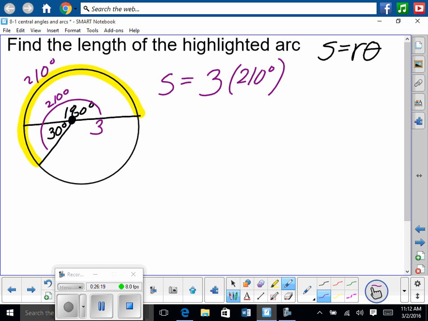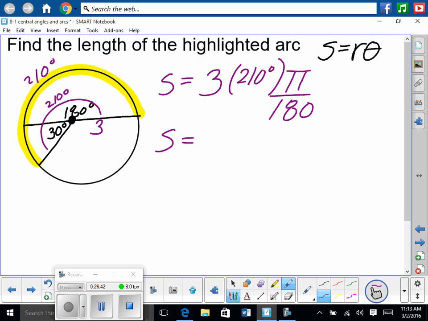But don't we need to change that to radians? Can I just do it right here, times pi over 180? Because with multiplication, does order matter? No, so I'm just going to do it all in one. Let's type it into our calculator: 3 times 210 divided by 180.